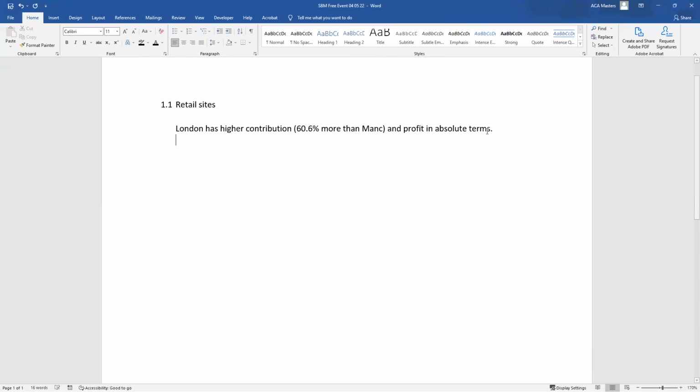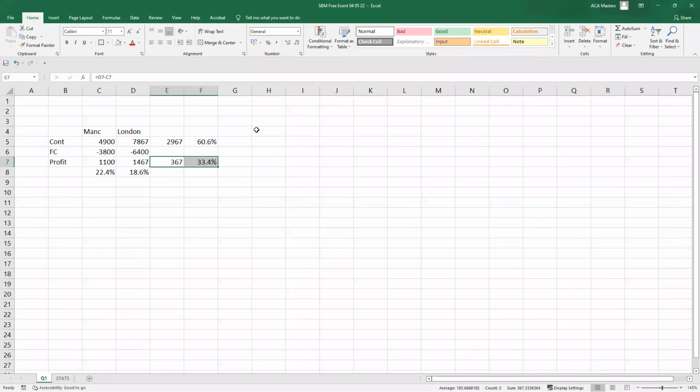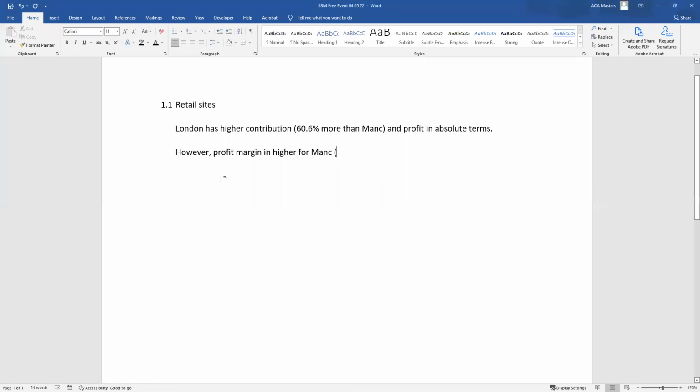But then you could say, however, profit margin is higher for Manchester. And then again, we could just put in brackets there to compare the two and make sure that we give the numbers. So as we worked out there, it was 22.4% versus the 18.6%.